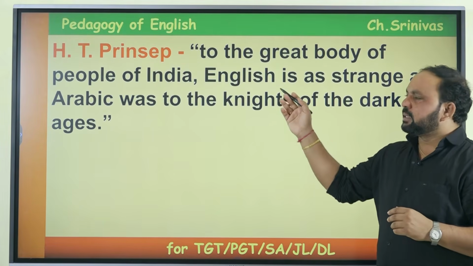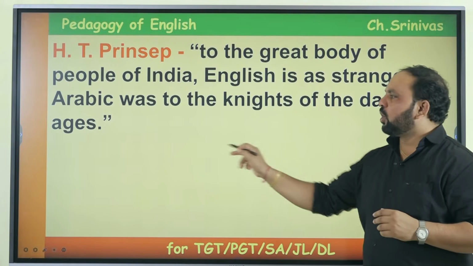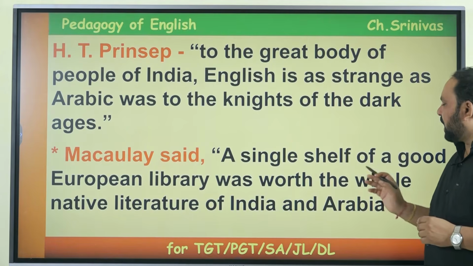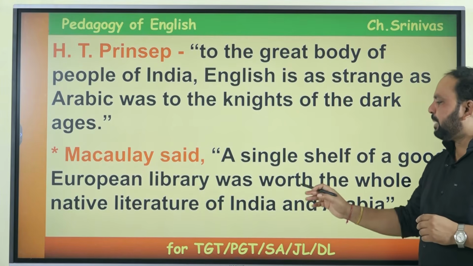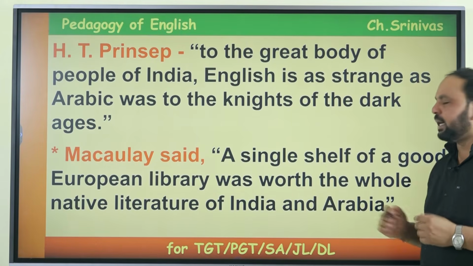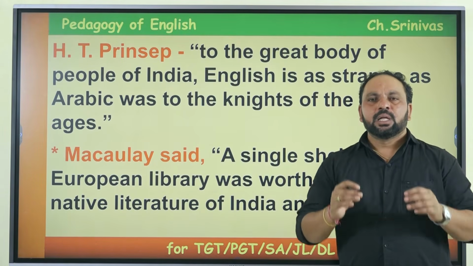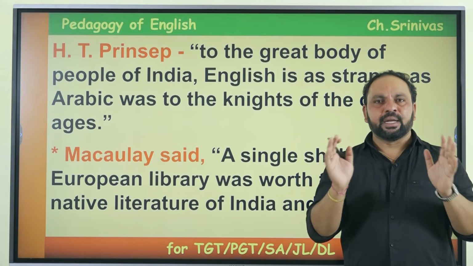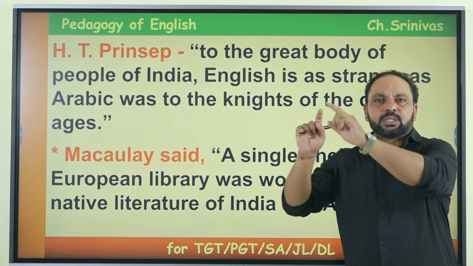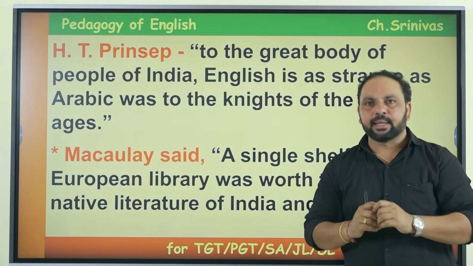So as a counter to this, Lord Macaulay or T.B. Macaulay said that a single shelf of a good European library was worth the whole native literature of India and Arabia. So he said that the entire literature of India and Arabia is not at all equal to a single shelf of European library.